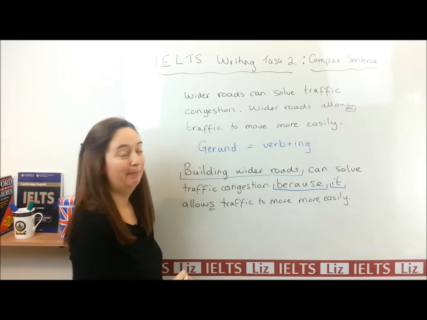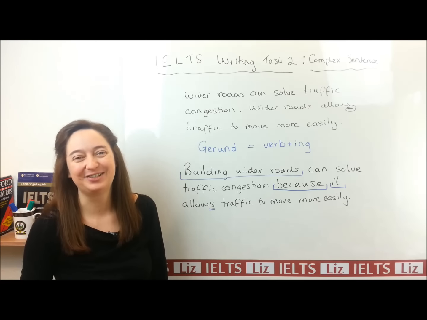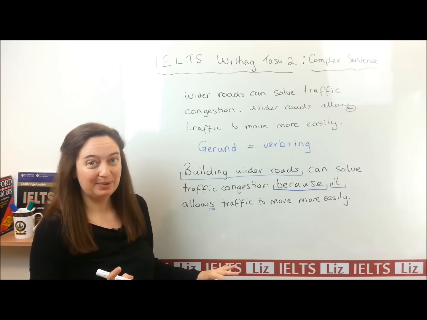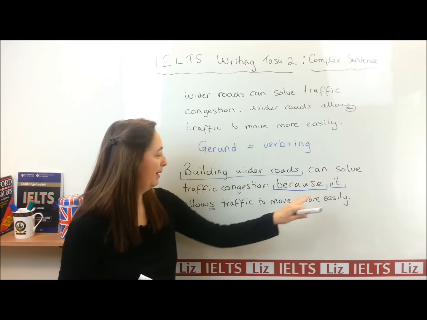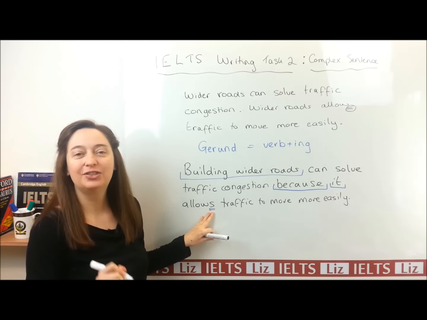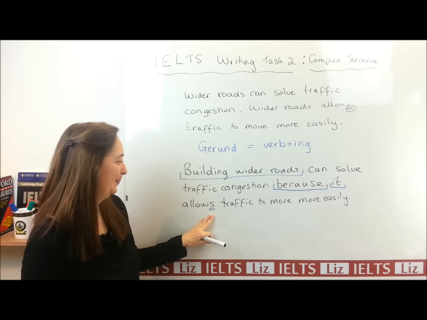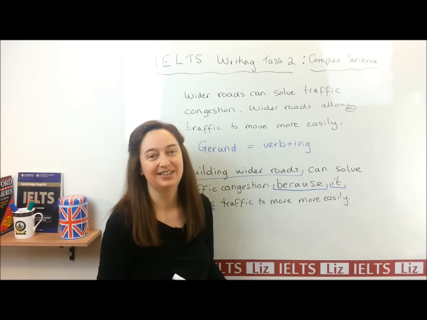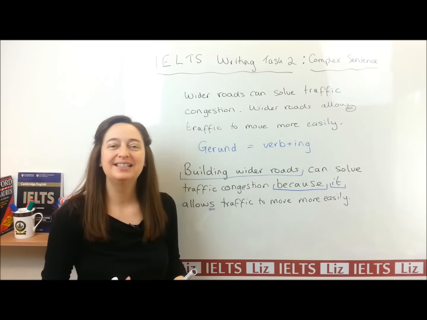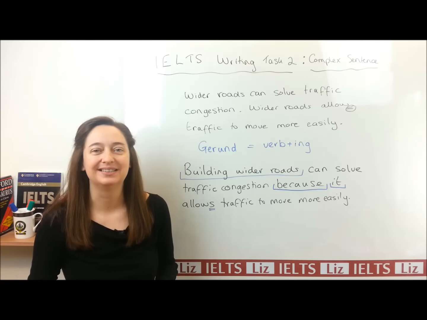We did remember to add an S to the verb. Remember, the examiner is checking if you remember the third person singular S on the verb. And then we finish the sentence. So that is how to make a complex sentence.